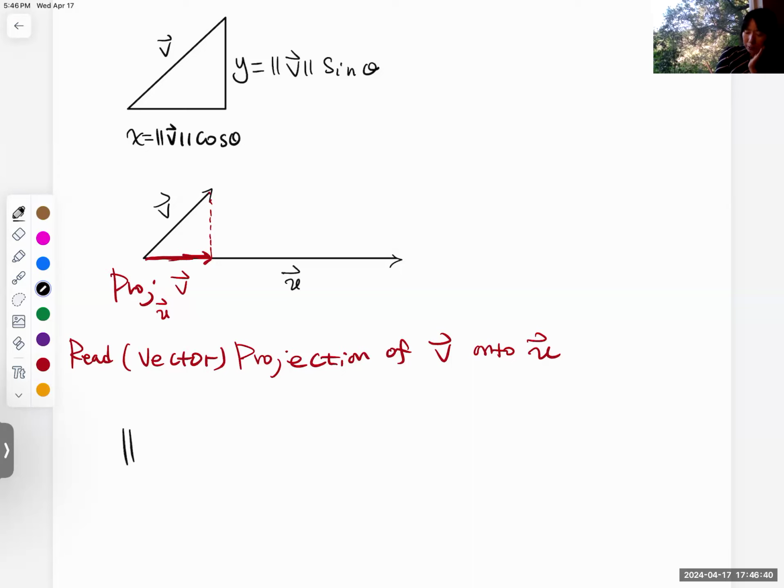Magnitude of the projection of vector V onto U. Okay, this is the same as this x, yeah? If this is x, then we can express it this way, right? So the magnitude of vector V times cosine theta, right?